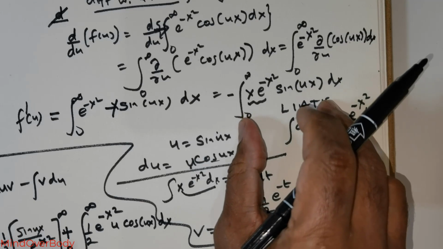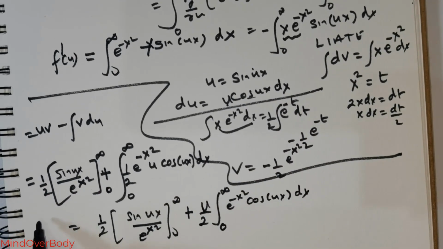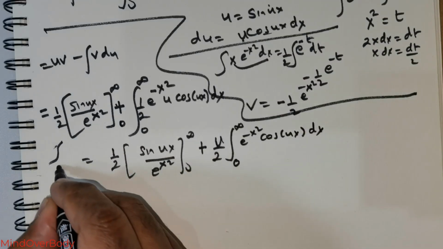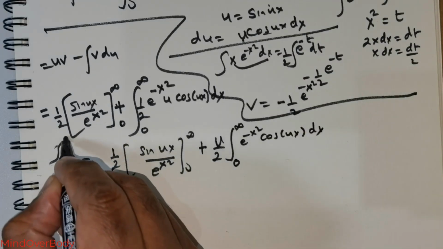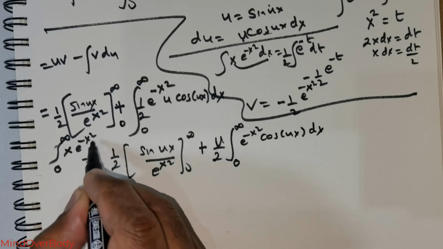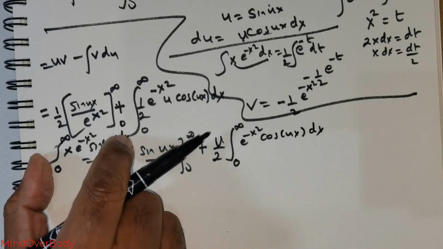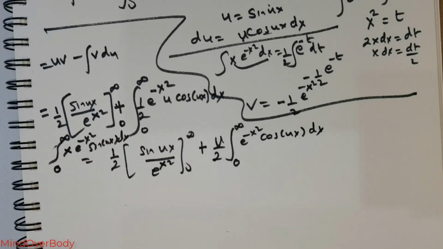This is the term we have to integrate, and we have integrated it. So let me write that term down: integral 0 to infinity x times e raised to the power of negative x squared sine of ux times dx. This is what we have to integrate, and we have got the value here.